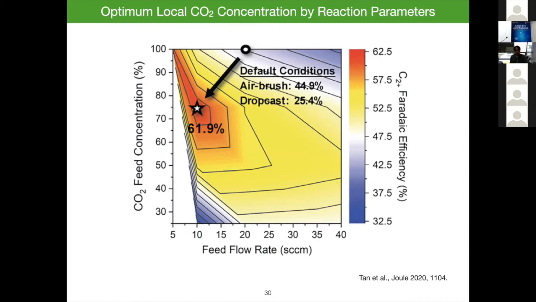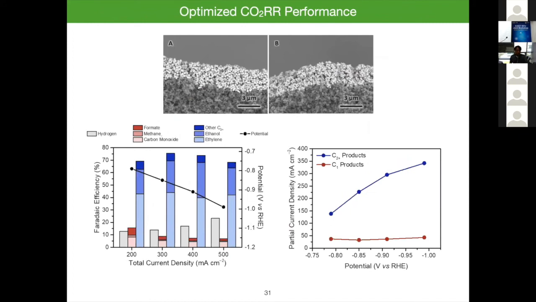Our default condition for drop cast is about 25% Faraday efficiency for C2 plus product, but when you optimize the feed flow conditions and the deposition method, you can get about 61% C2 product Faraday efficiency. Now you can further optimize the particle size, thickness, loading amount, and so on and so on.